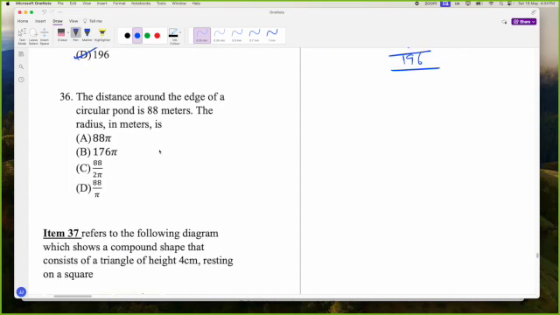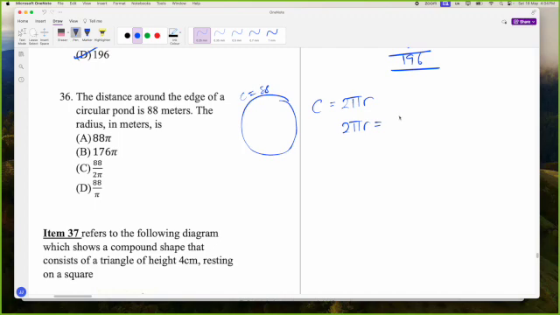The distance around the edge of a circular pond. So you have the circular pond and the distance around is 88. That means the circumference is 88. The radius in meters is what? Well, we know circumference is 2 pi r. So 2 pi r is equal to 88.